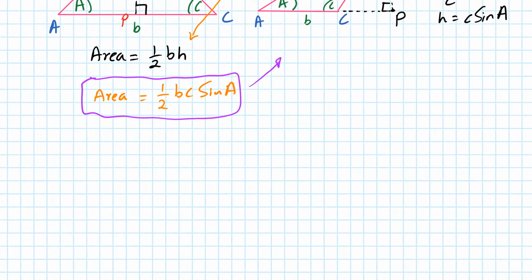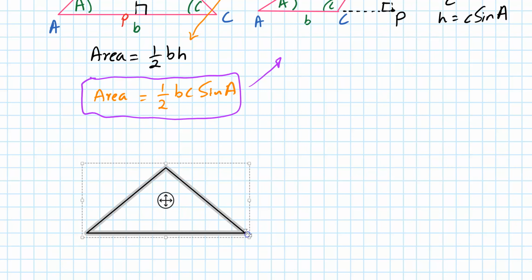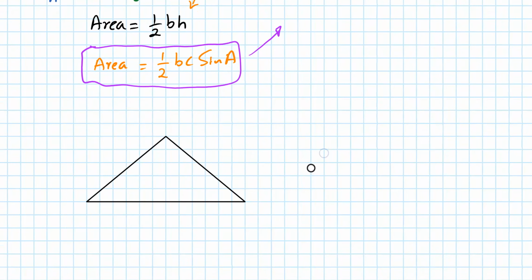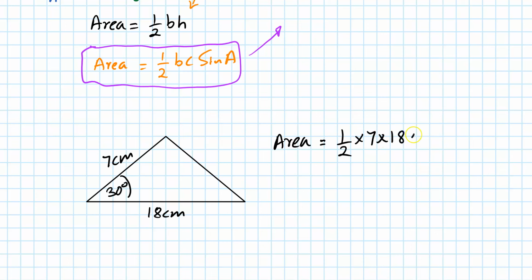Let me quickly draw a triangle, and then let's say I have length 7 centimeters here, 18 centimeters. Let's take the angle as 30 degrees to make our life easy in our calculations. Now the area is half bc. In this case, b and c are 7 times 18.